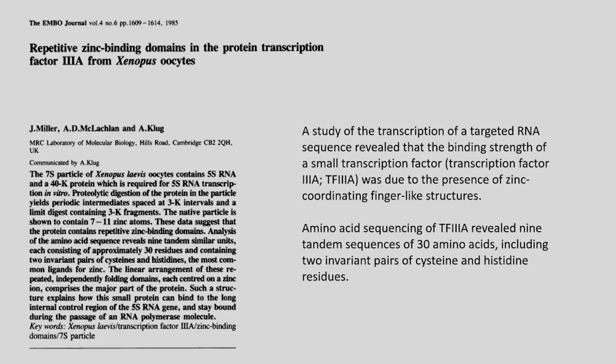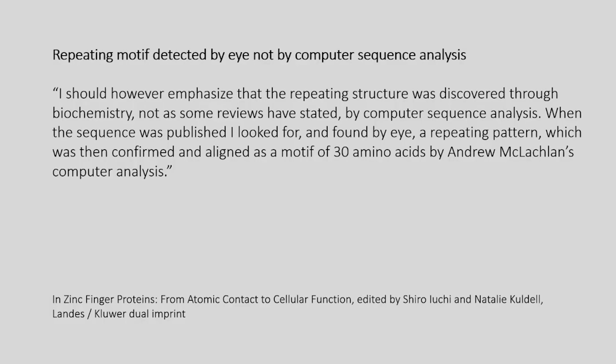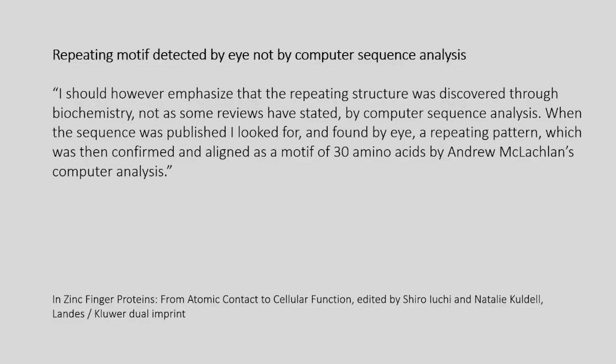Interestingly, in this work they did not use much computational power, and these repeating motifs were detected by scanning by eye and not by computer analysis. So, it is very important to know some of the discoveries done in very simple ways, and these are the words of Aaron Klug.